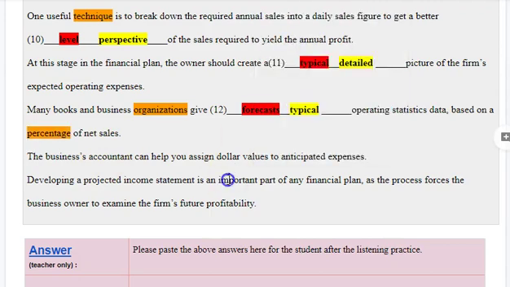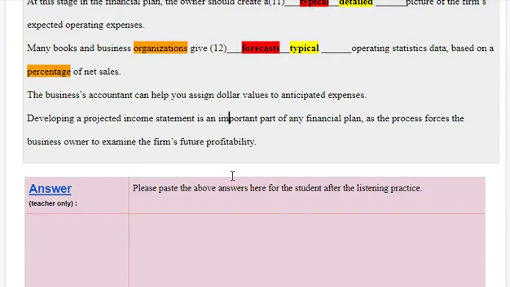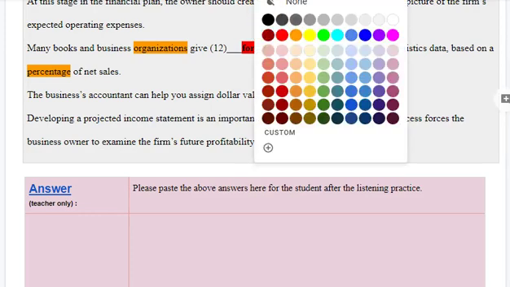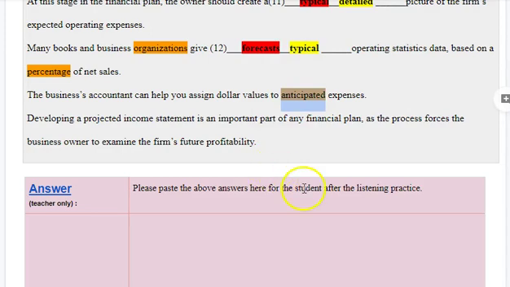The business accountant can help assign dollar values to anticipated expenses. Anticipated. Developing a projected income statement is an important part of any financial plan, as the process forces the business owner to examine the firm's future profit, profitability. Profitability.